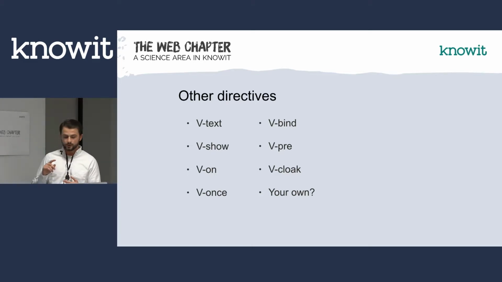If it's used on normal elements, such as a normal button, then it uses native DOM events. But if you use custom components or custom elements, then it uses custom events. So it's really intuitive which one you want to use.